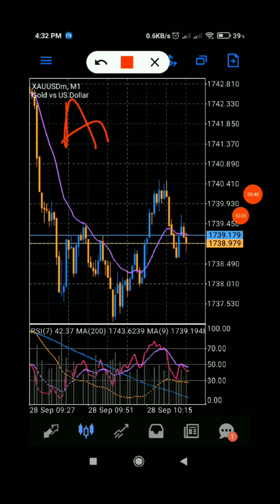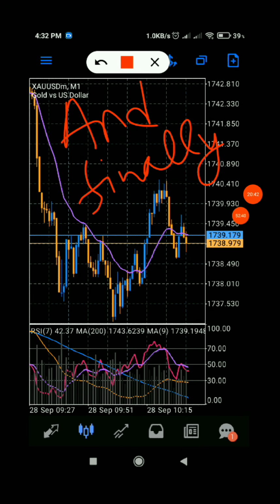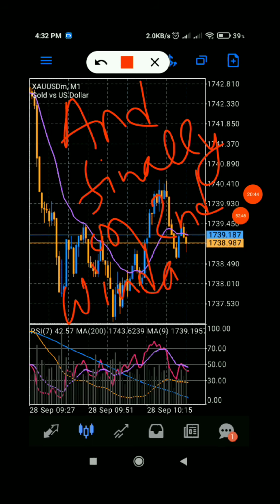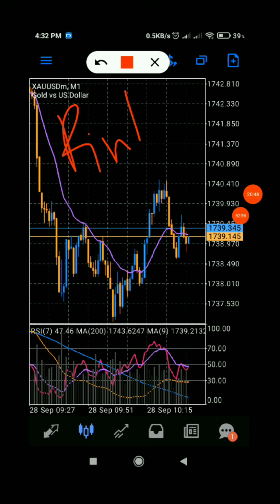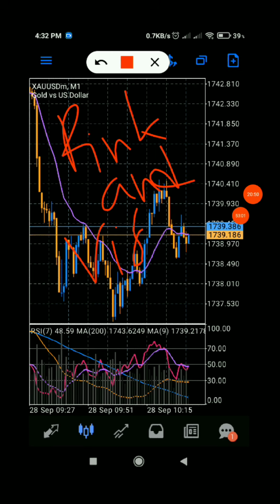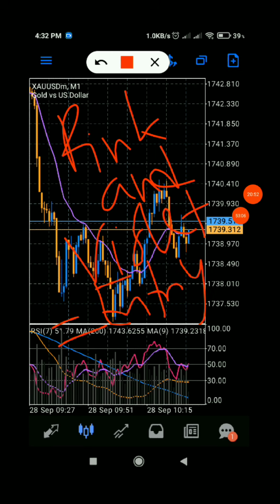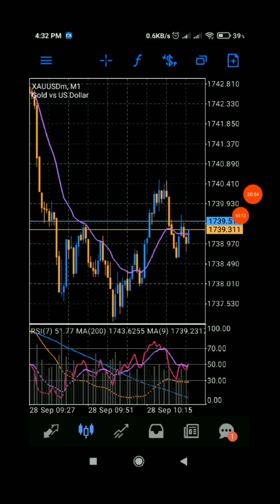It's also a trend identifier, and finally on the second window you have seen there's pink and violet. That is the entry signal.